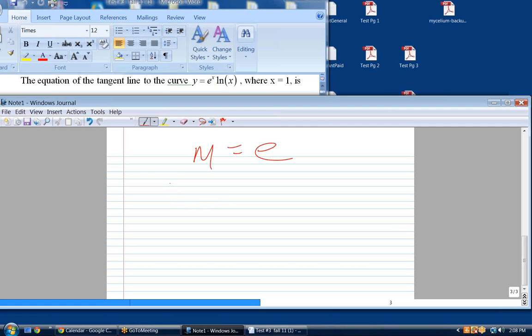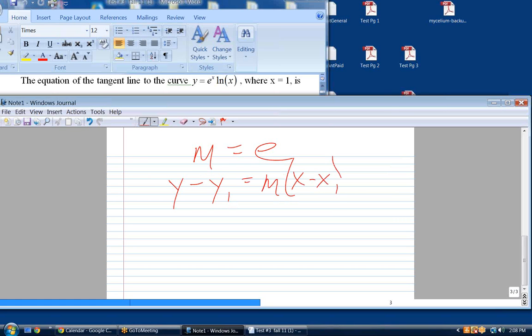Point slope, is that y equals mx plus b? That's slope intercept. The reason point slope is better to use here is because we have a slope and 1 point. So it's y minus y1 equals m, the slope, times x minus x1.